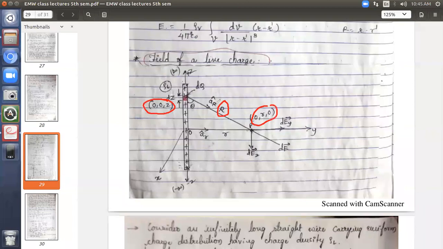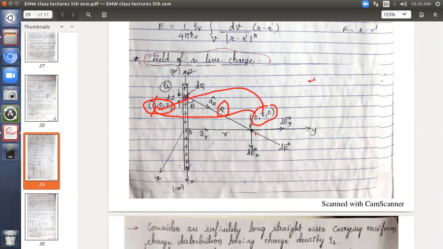Use the distance formula and find the distance between these two points. We need point P minus that. So it is 0 minus 0, so the x component will not be there. Then r minus 0 whole square.